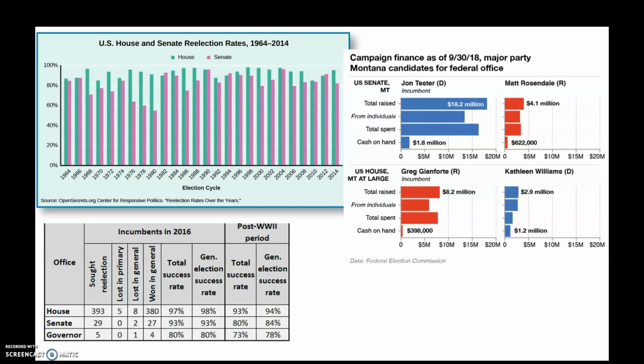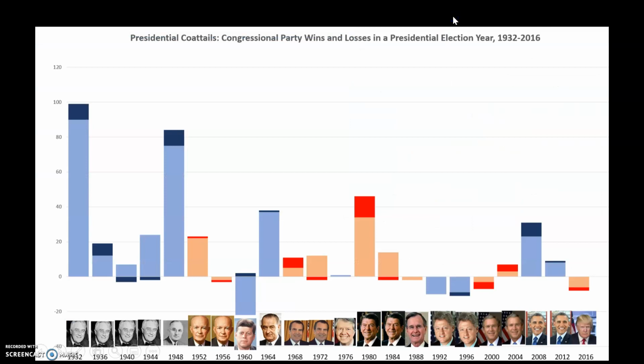So if a candidate for the presidency is really, really popular, that might drive up the Democrat vote in a certain state, and whilst at the polling station, they might as well also vote for other candidates for the same party. Now, there has been a decline of this. So this graph shows the coattail effects in presidential election years from 1932 to 2016.